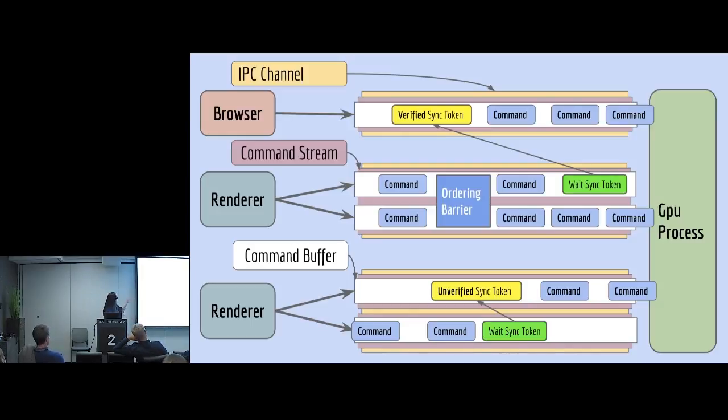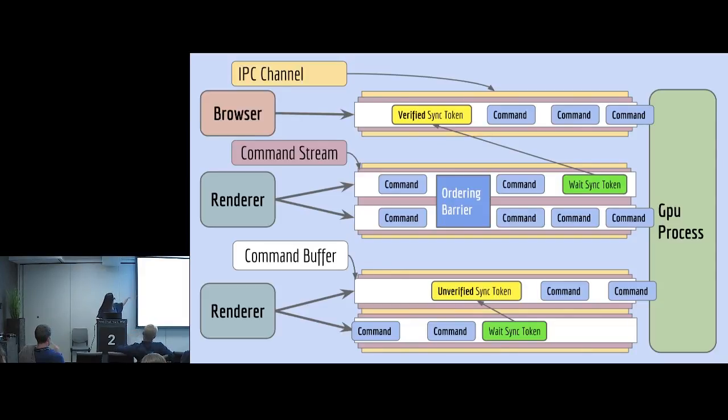But when you have multiple command buffers or multiple streams, you don't know. So when you start having dependencies that span these streams, then you start having to introduce synchronization between them. The ordering barrier is a simple one that you can use if you are both in the same IPC channel or in the same command stream.